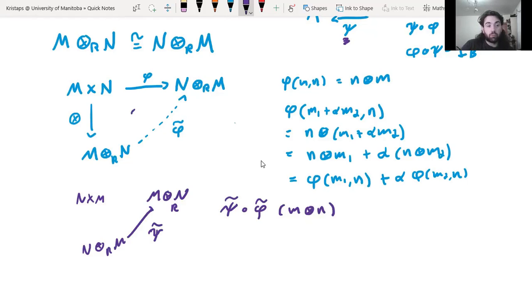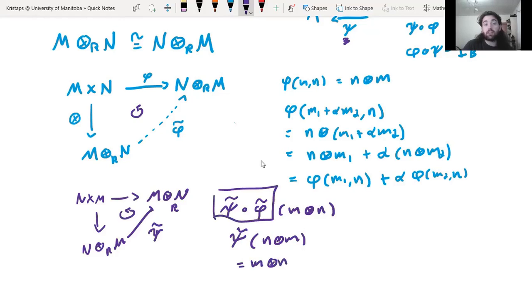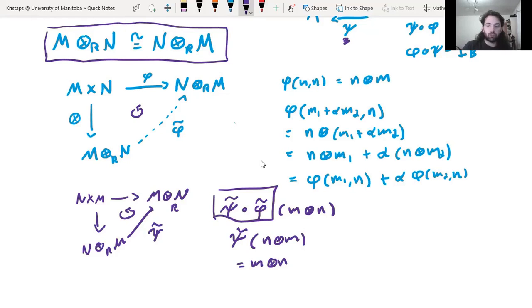Forced on us by the commutativity of this diagram, we know that phi tilde of m tensor n would precisely be n tensor m, and by the corresponding diagram down here for psi tilde, we would get m tensor n back. So this composition of maps is the identity, and you would see the same thing if you were to apply psi tilde first and then phi tilde. So just a nice application of the universal property of tensor products. And so we see that, in fact, these are isomorphic as R modules.